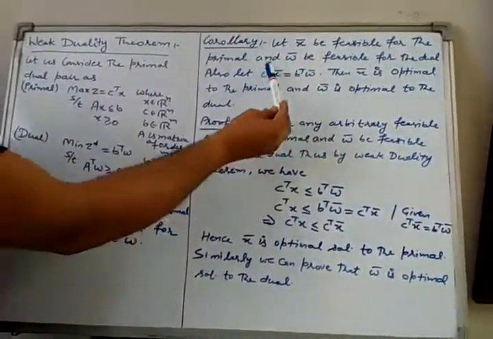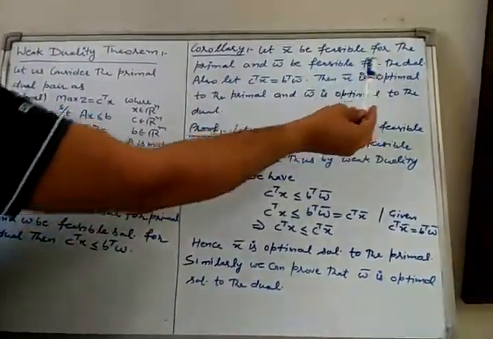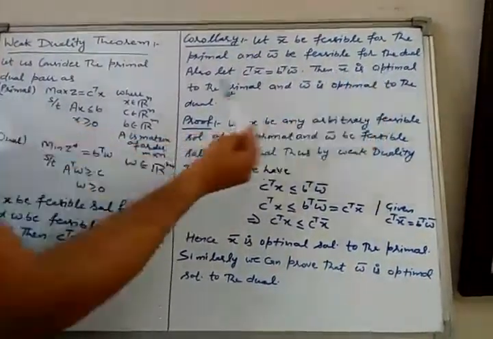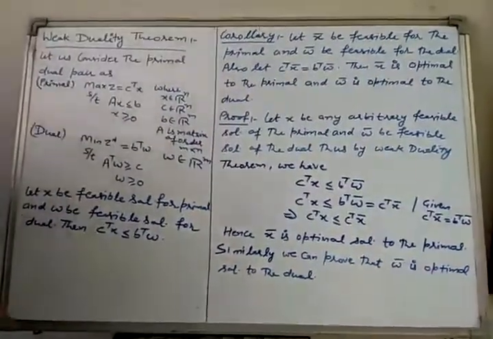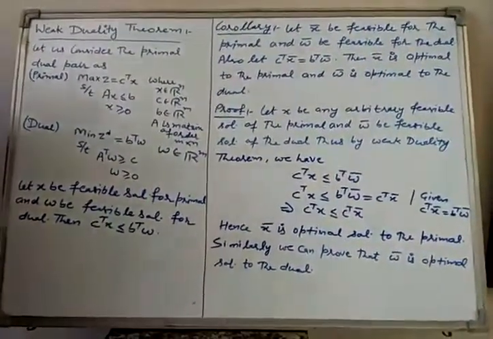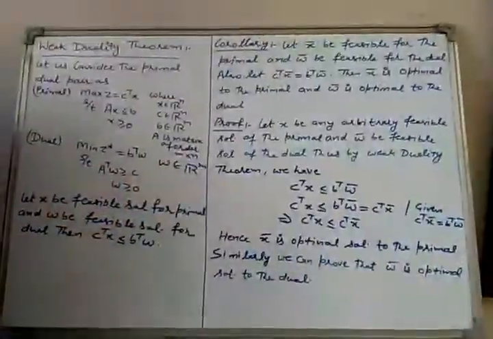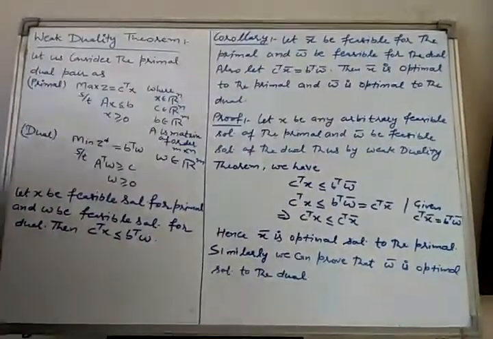That means C transpose X bar is equal to B transpose W bar. Then X bar is an optimal solution to the primal problem and W bar is an optimal solution to the dual problem. That is, if there are feasible solutions corresponding to which objective function values are equal, then those feasible solutions are also optimal solutions.